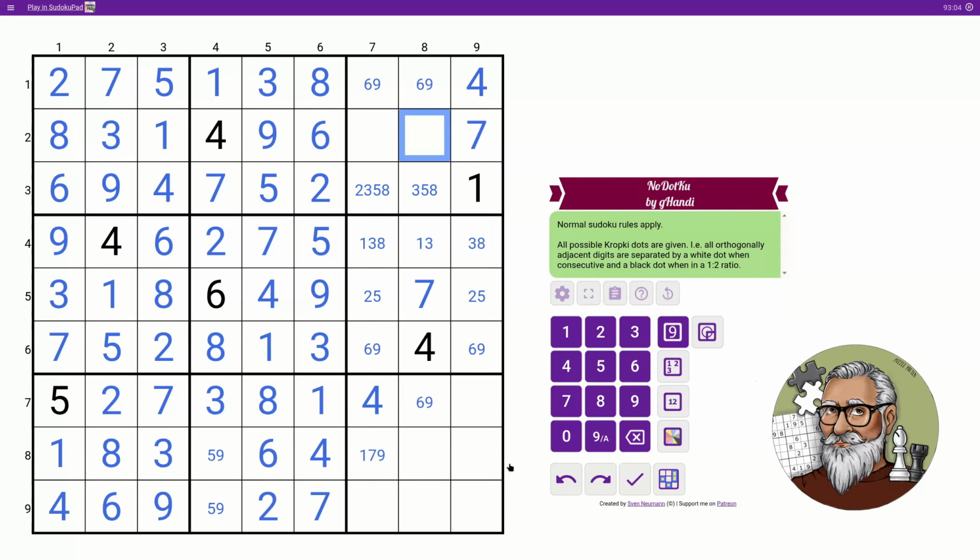Right. 7. There's no 5 here. There's no 2. And I'm still missing, well, a 2 because I just deleted it. And not a 3, a 5. Right.